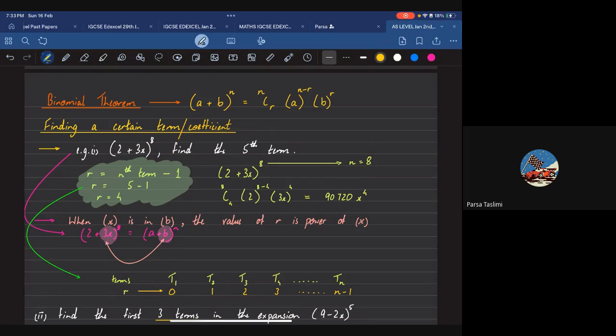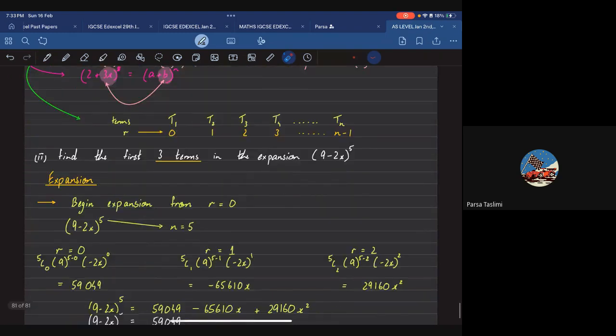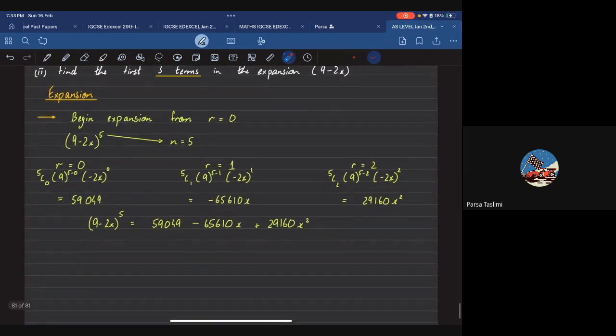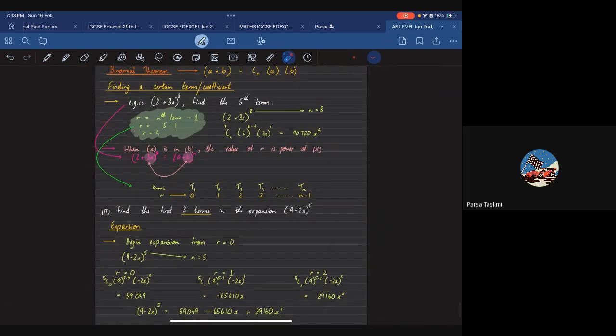For example, they could say, what is the coefficient of x raised to the power 4? So you're simply going to say 90720. It's the coefficient of that term. Is this clear, guys? Is there anyone who does not get this? No, sir, it's clear.